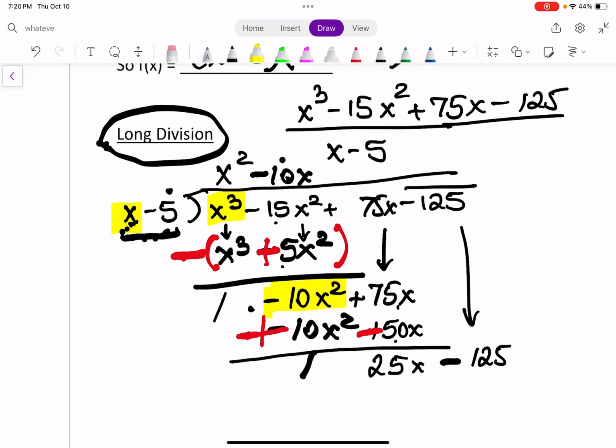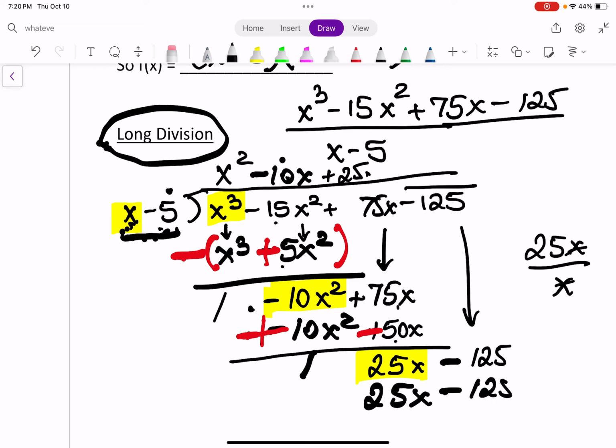How many times does x go into 25x? That would be just 25 times. So that's the factor we're missing. 25 times x is the 25x that we needed. 25 times negative 5 is negative 125.